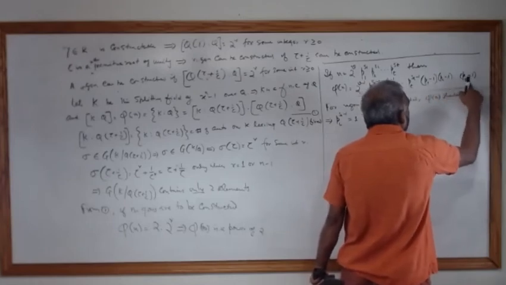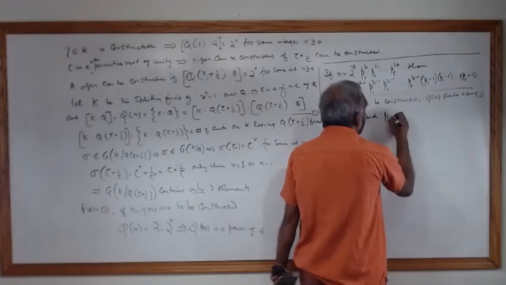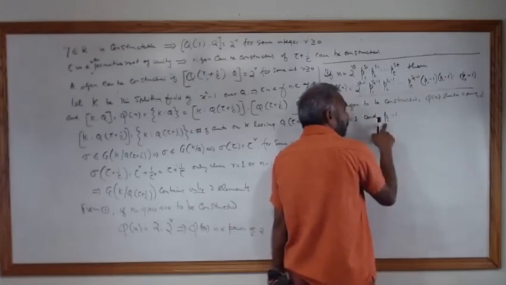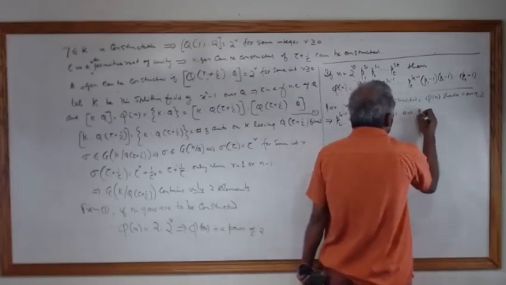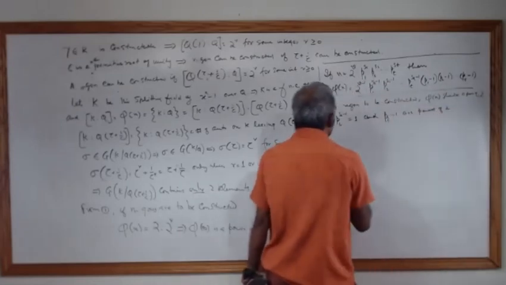Each of them has to be a power of 2. See, pi's are all prime numbers.